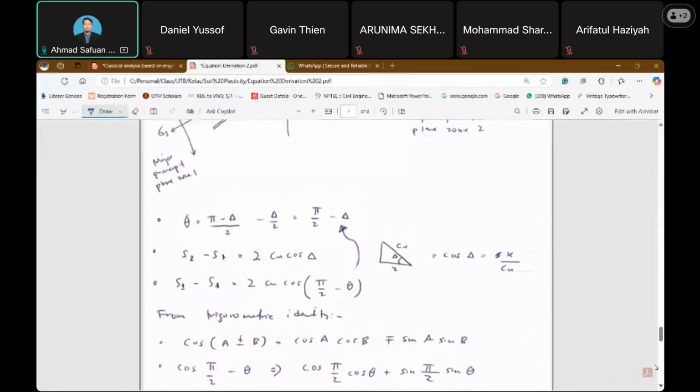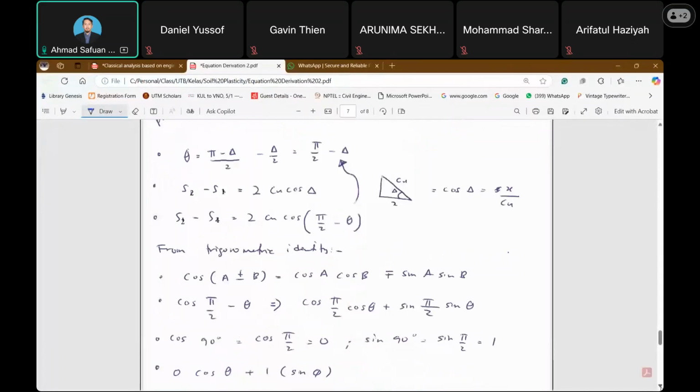So cos of A plus minus B is equal to cos A cos B minus and plus sin A sin B. For this case, it is cos of A minus B. Therefore cos of pi over 2 minus theta is equal to cos A cos B plus sin A sin B, so cos pi over 2 cos theta plus sin pi over 2 sin theta.